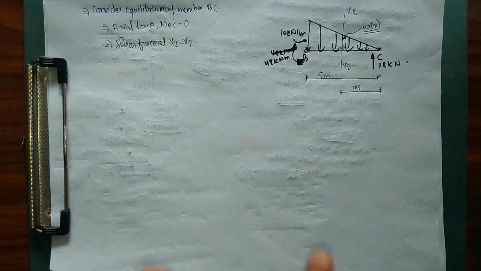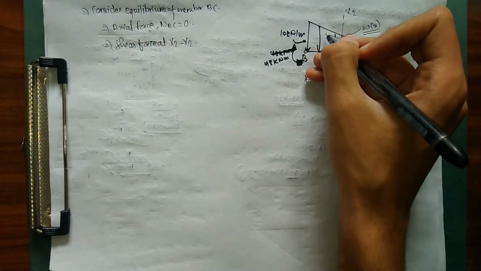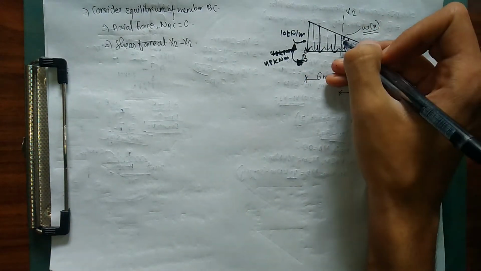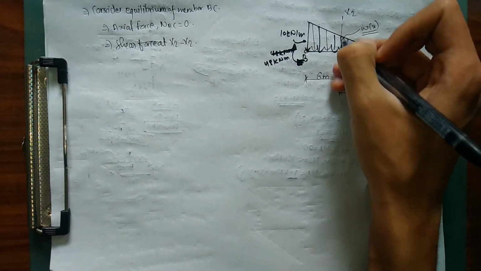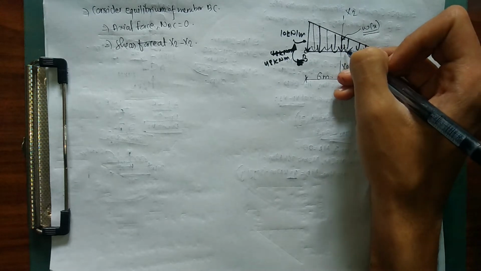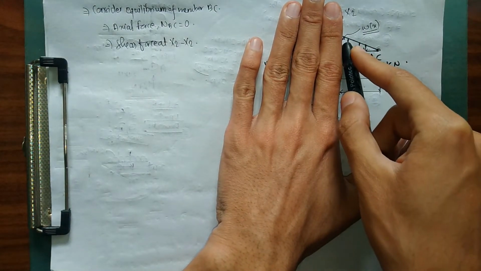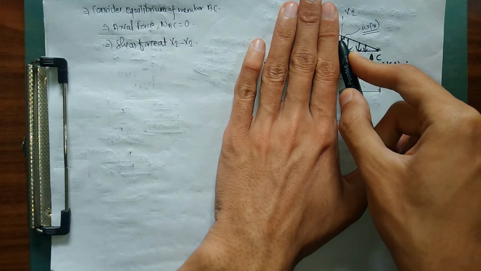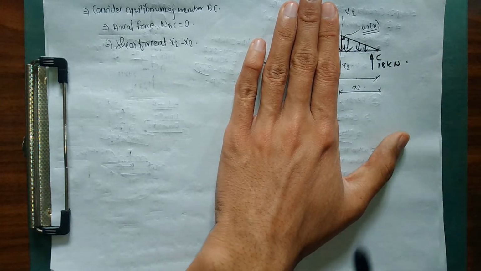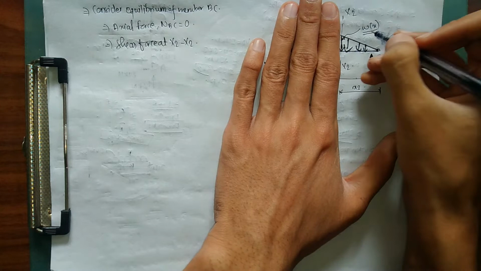We have taken a certain section, and for section x2 as well we have a certain UVL. I need to find the magnitude of the UVL at this point, and I suppose that magnitude is Wx.